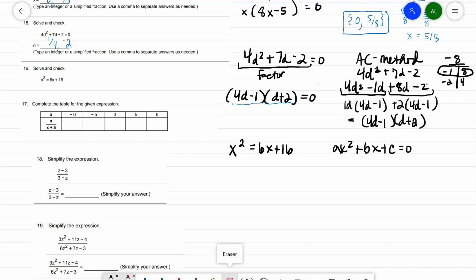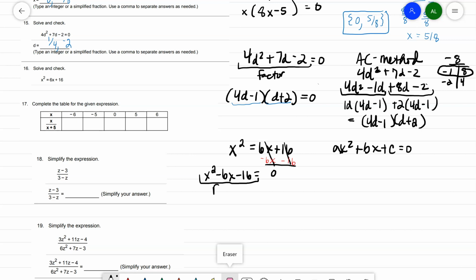I cannot do that by just taking the 6x and the 16 and moving them over, but I can subtract the 6x and the 16 from both sides, which would create x squared minus 6x minus 16 on the left, and the terms zero out on the right. So now it's in standard form.